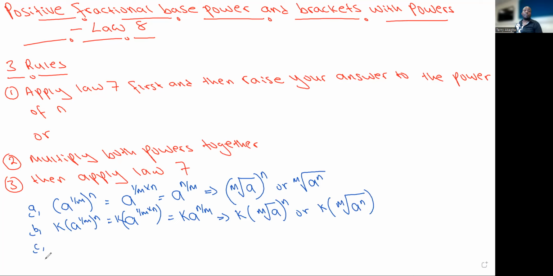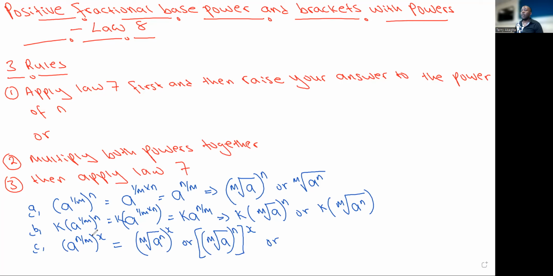The next one is if, for instance, it's a^(n/m), still the same principle. If we have a^(n/m) all raised to x, there are several ways of doing this. You can apply law 7 first, so it's going to be the mth root of a raised to power n, all this raised to power x. Or you can say the mth root of a, all raised to power n, then all this is raised to power of x.